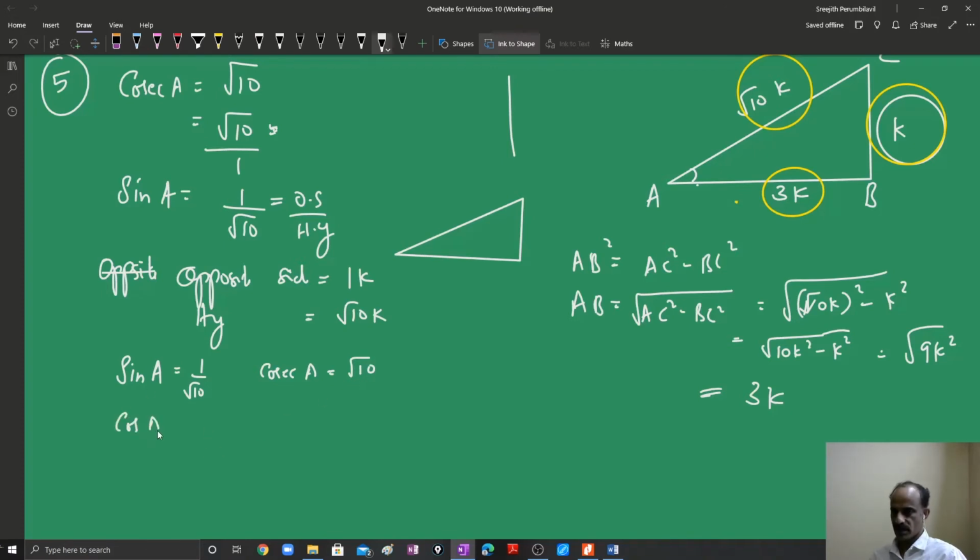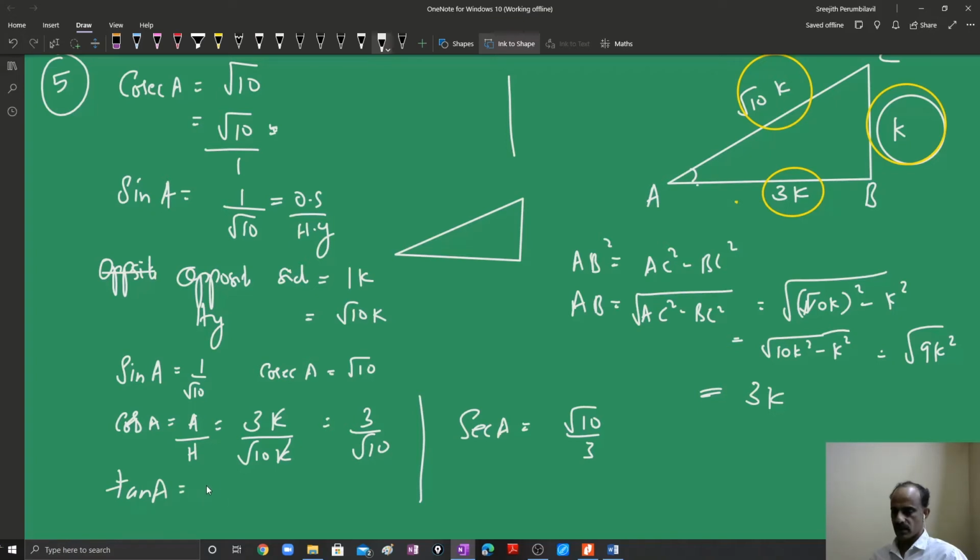Now cos A is adjacent side by hypotenuse. Adjacent side 3k by root 10k, k cancels, 3 by root 10. If cos A is that, then immediately we can find the reciprocal, secant A, that is root 10 by 3, and the next one is tan A. Tan A is equal to opposite side by adjacent side, k divided by 3k, that is equal to 1 by 3.